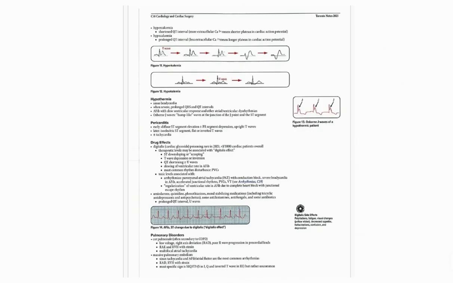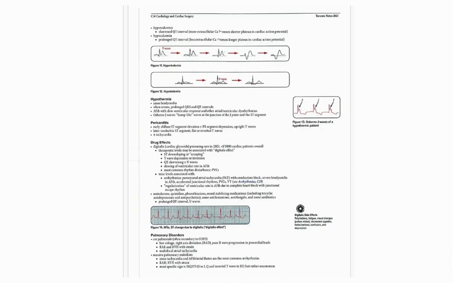At toxic levels, digoxin becomes highly arrhythmogenic. Patients may develop paroxysmal atrial tachycardia with AV block, which is considered classic for digoxin toxicity. Severe bradycardia, junctional rhythms, frequent PVCs, ventricular tachycardia, complete heart block.